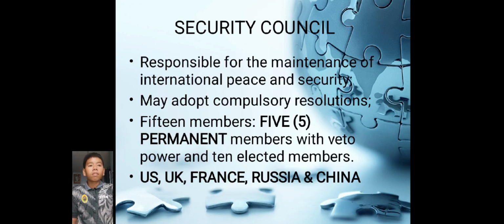The Security Council is responsible for the maintenance of international peace and security. It may adopt compulsory resolutions, and has 15 members: 5 permanent members with veto power, and 10 elected members. The permanent members are the US, UK, France, Russia, and China.